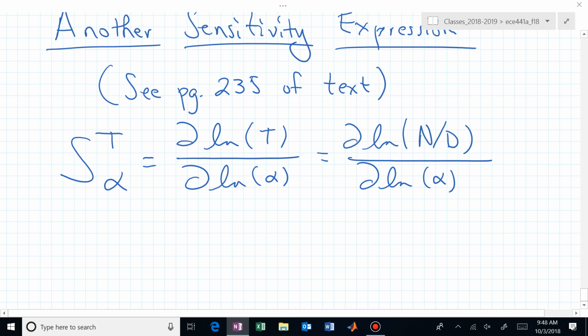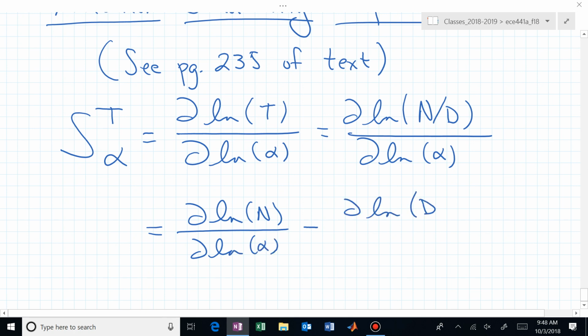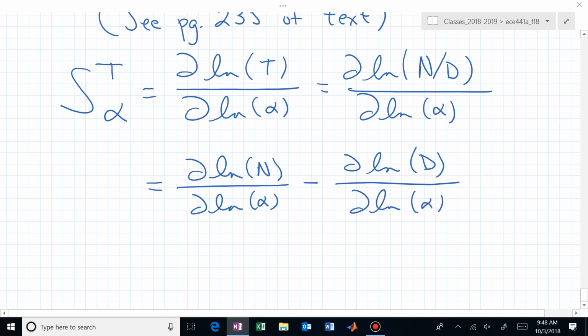That's subtracting the logs. So now we can rewrite that as the partial of natural log of N over partial natural log of alpha minus partial natural log of D over partial natural log of alpha. But what's that first piece? That's just by definition the sensitivity of the numerator with respect to alpha. And the second piece is the sensitivity of the denominator with respect to alpha.